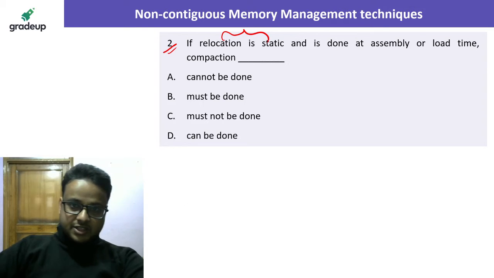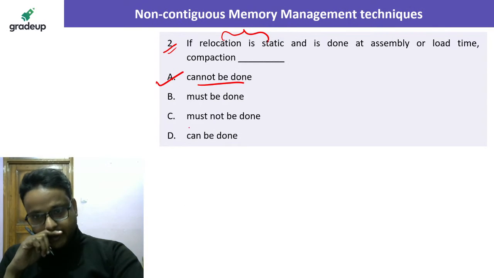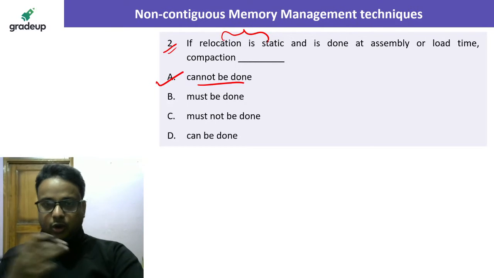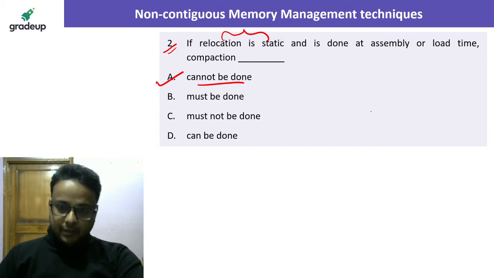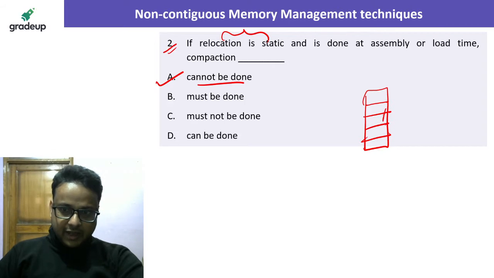If it is static, it cannot be done. Static means you are doing loading at the compile time, so you cannot do compaction. Why? What is the meaning of compaction? I told you. Suppose we have some processes and some allocated areas, like this process, this process, and this process.